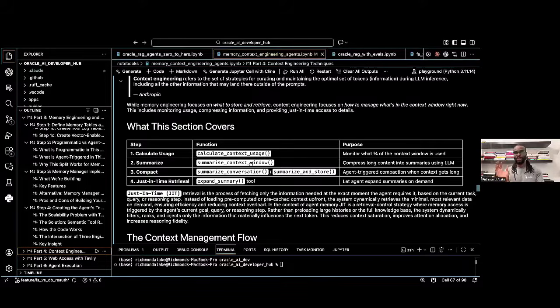And now you can remove the uncompressed information from your context window and use the smaller compressed information.